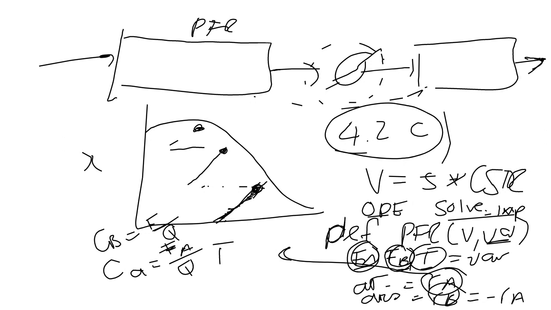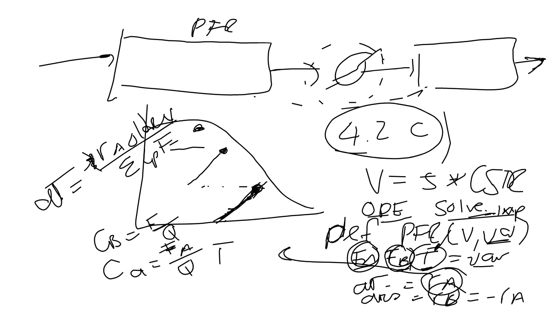And for the temperature, if you want it as a variable that you want ODE or solve IVP to integrate over, you are not going to supply that algebraic equation for your line. Then you must give it the dT/dV equation, and that is, of course, going to be equal to RA ΔH reaction divided by the sum of Cp times FA naught, the inlet conditions for each of the components.